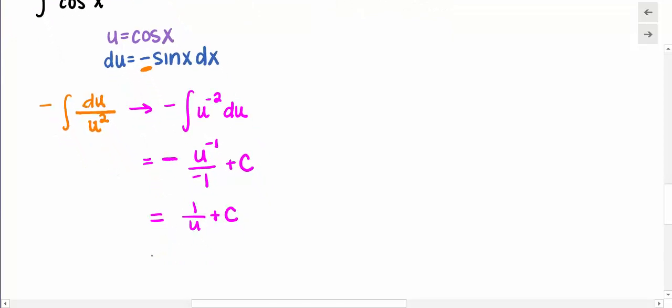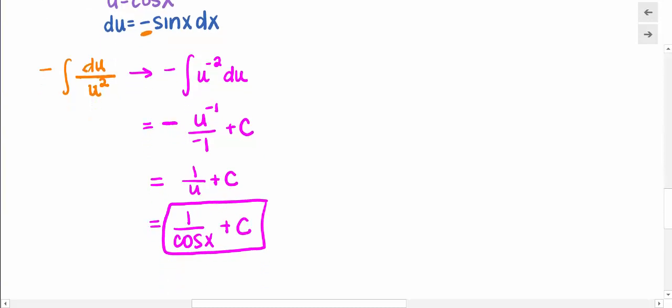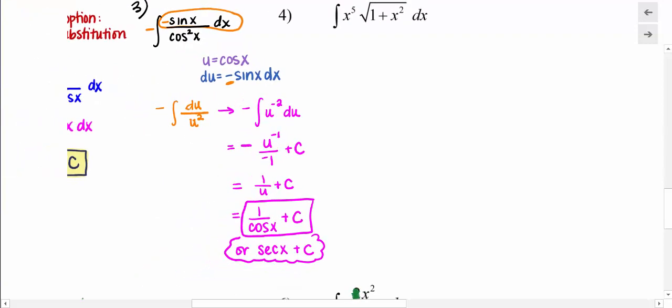And u was cosine x. Certainly that is a fine answer to have. We also do have a definition for the reciprocal of cosine x, which is secant x. Either one, neither one is considered more correct. It just depends on what they ask for.